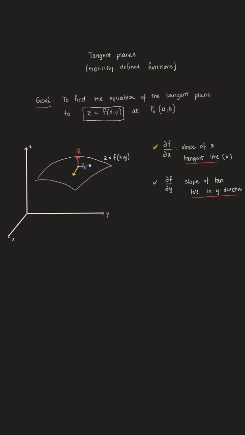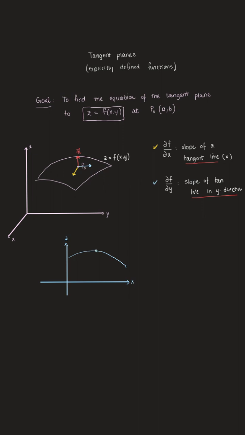Okay, let's take a look at our plane. Let me draw a little plane here, just the xz plane. Here's x, here's z. When we intersect our surface with the xz plane, we're going to get some kind of curve. Maybe the curve looks like that.